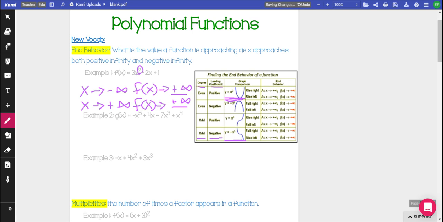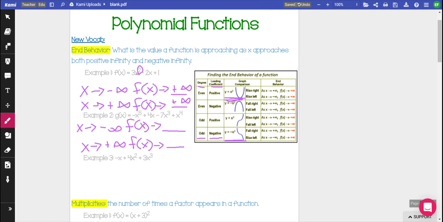It's going to be going up to the left-hand side and then going down to the right-hand side. So we'll start our end behaviors written out the exact same way as before. As x approaches negative infinity, f of x approaches something. As x approaches positive infinity, f of x approaches something.